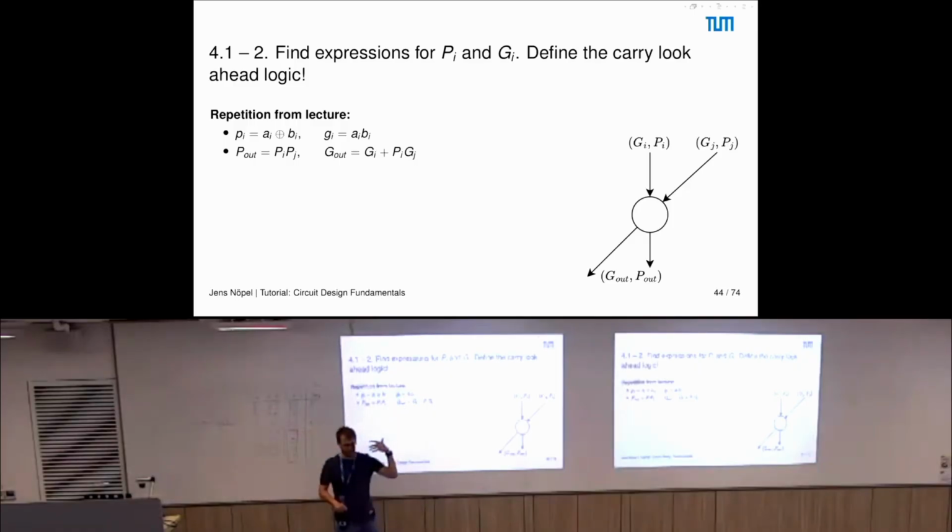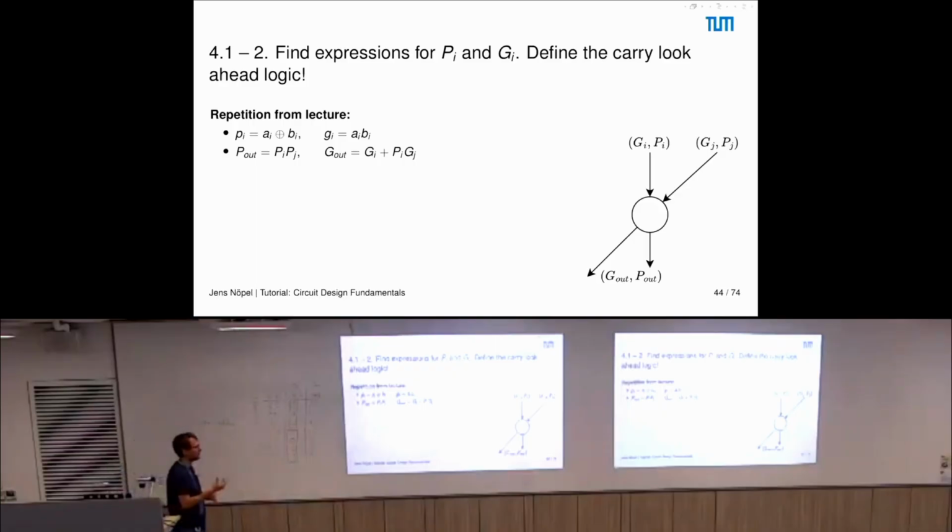So we find a different way for generating the carry, right? Instead of building the carry and then passing it on through a long chain through all the adders, we want to find a way to represent the carry without this long dependency chain.